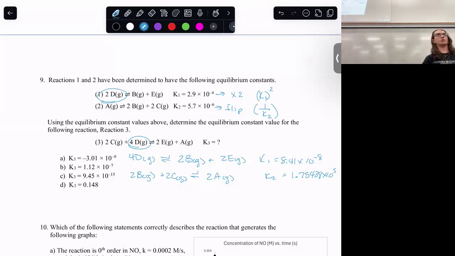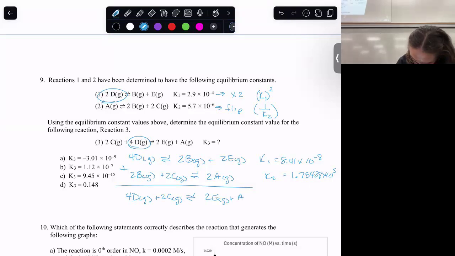And then what do we do in order to get to 3? We have to add our 2 equations. Should this have a 2 in front? That should, oh no, we just left it, never mind. So then what do we do to our K's? We multiply them together.